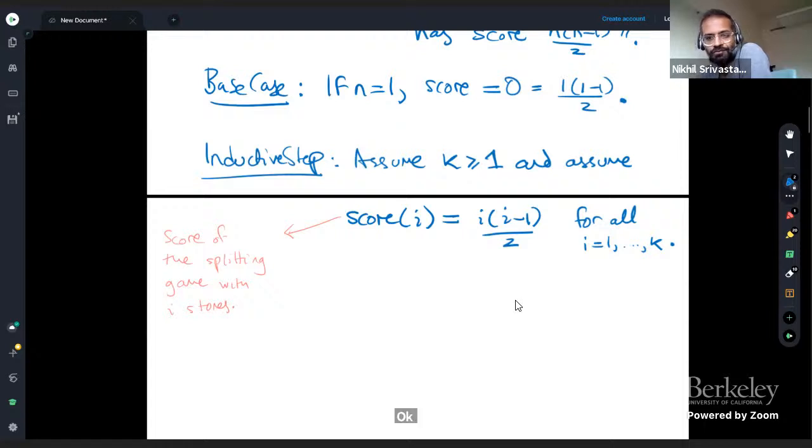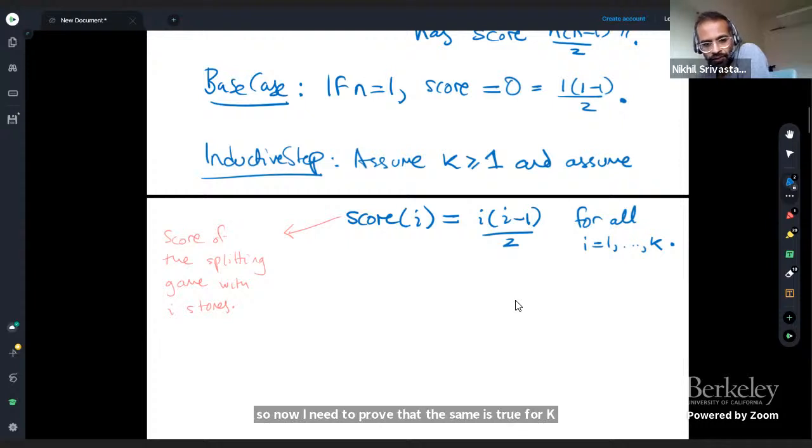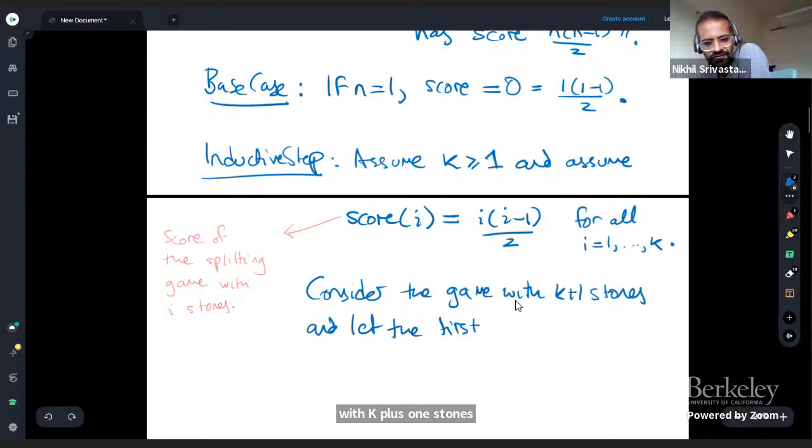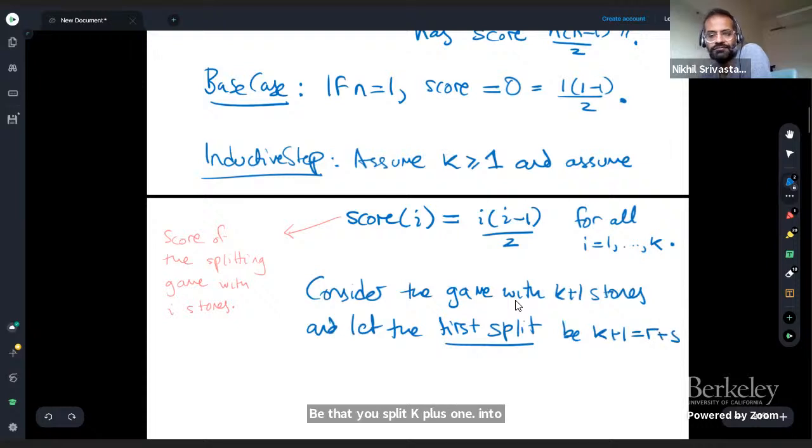Okay. So now I need to prove that the same is true for k plus 1. So consider the game with k plus 1 stones, and let the first split be that you split k plus 1 into r plus s.